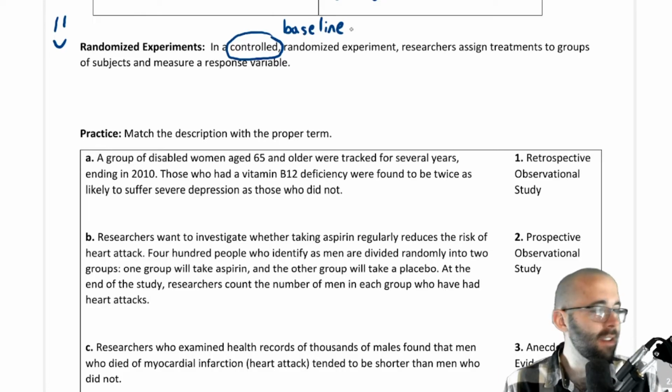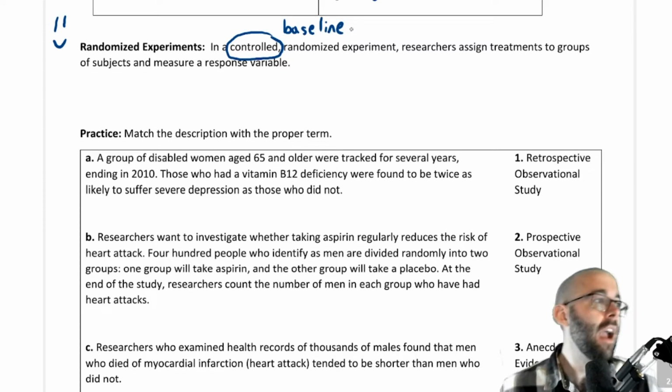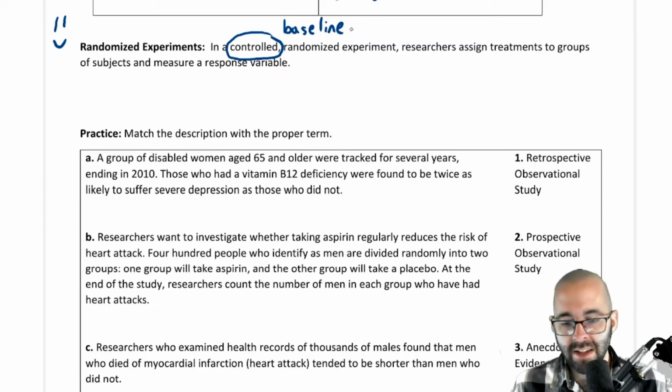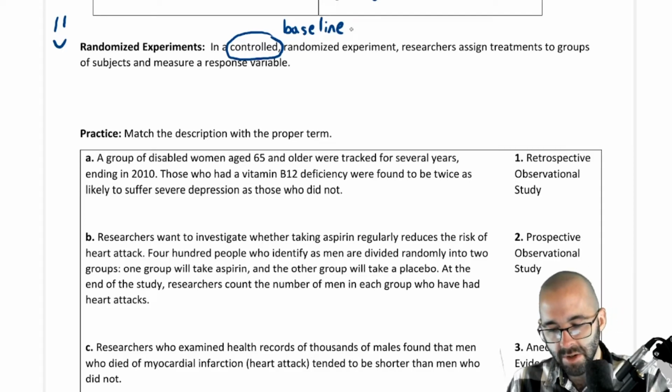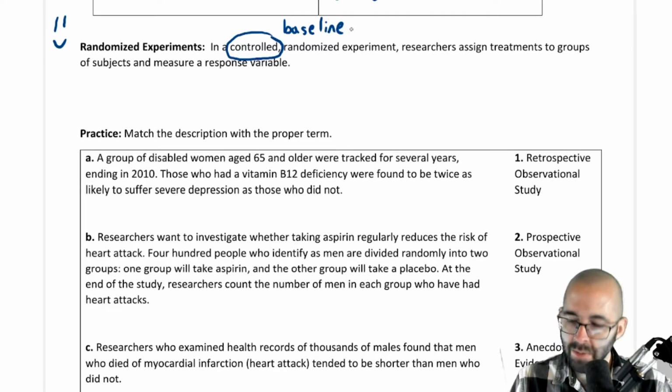We don't know. There's nothing to compare it against. So we have to give it to some people and not give it to other people. And that is the control group, which we're going to talk more about later. That's very, very important. Randomization, also very, very important. And again, we'll talk more about these topics later.